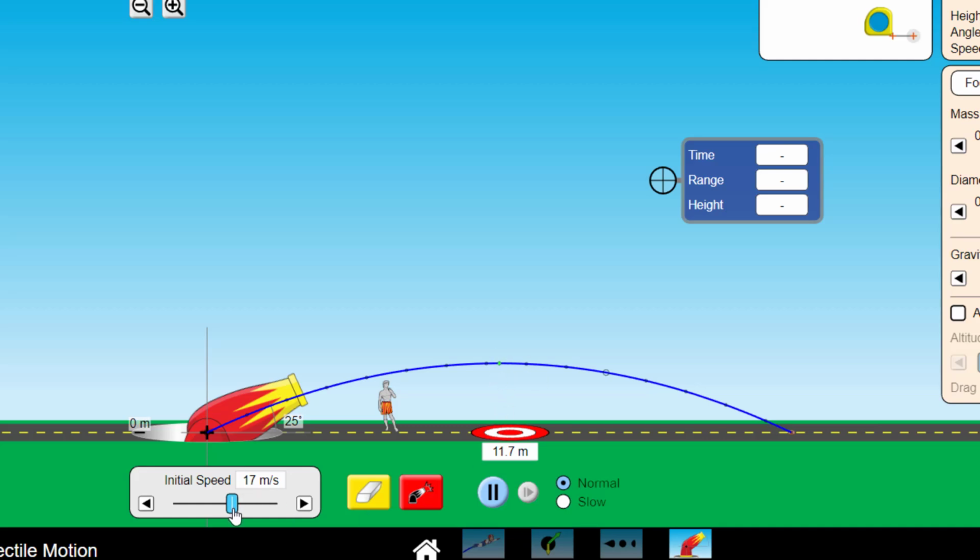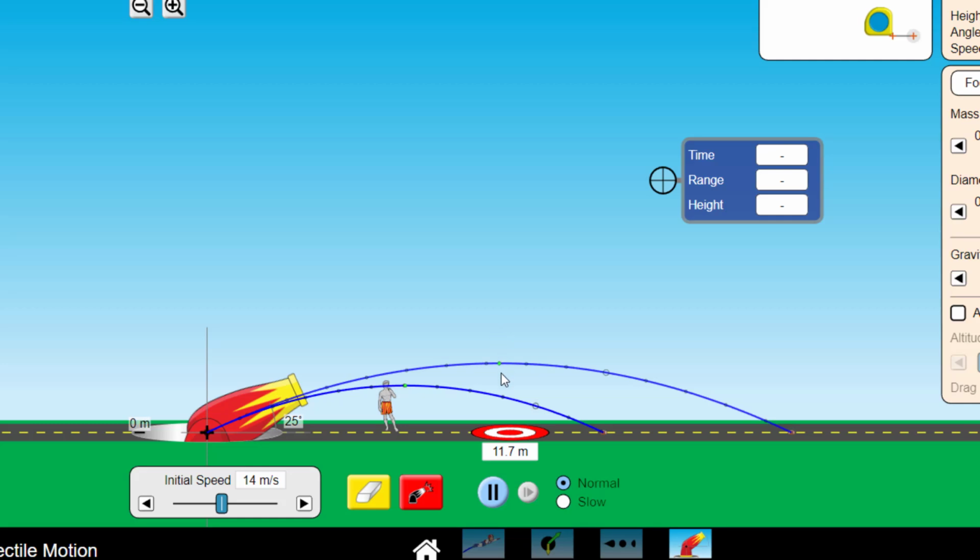Now let's reduce the velocity to maybe say 14 meters per second and keep the angle the same, and let's see what happens. And our theory was correct. You can see the ball is not going to go to the same height as the 17 meters per second shot. It's going to reach a lesser height, and it's also going to reach its maximum a lot less far than it reached its maximum here.